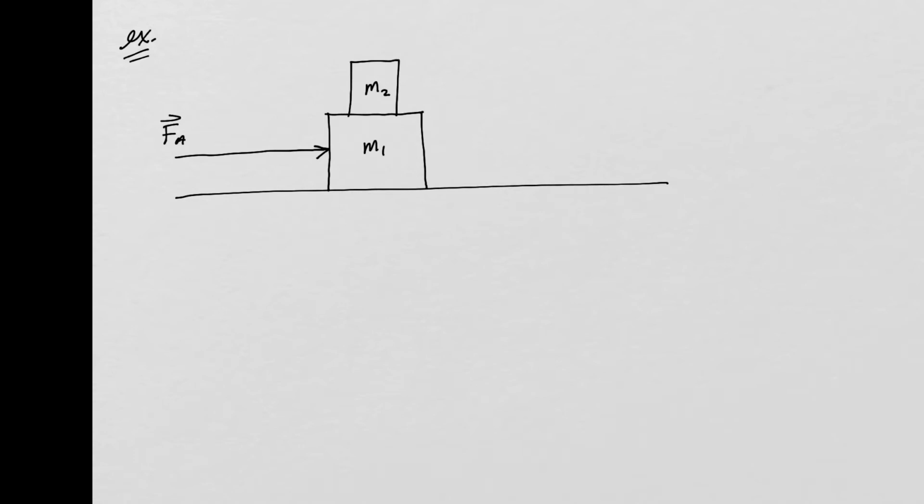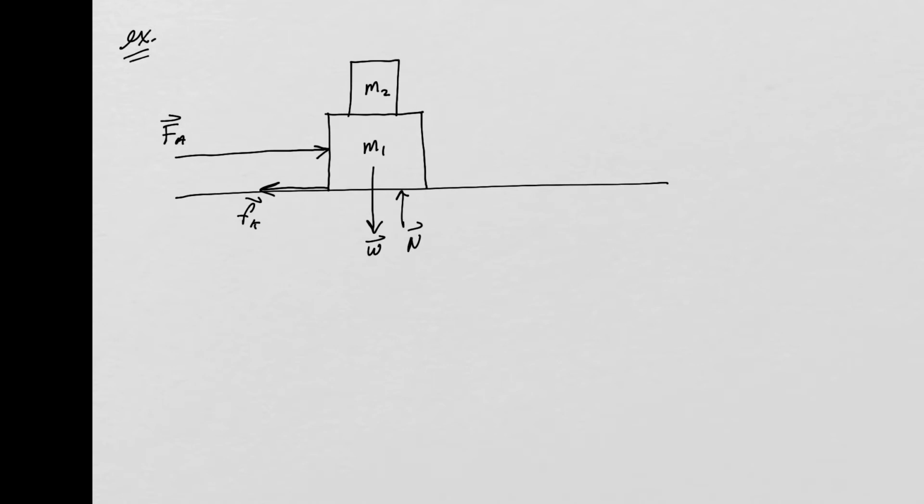I'll assume there's friction opposing the motion, FK, kinetic friction. And then, of course, there's the weight, W, of both M1 and M2. And there's a normal force that the floor exerts on both objects upward.